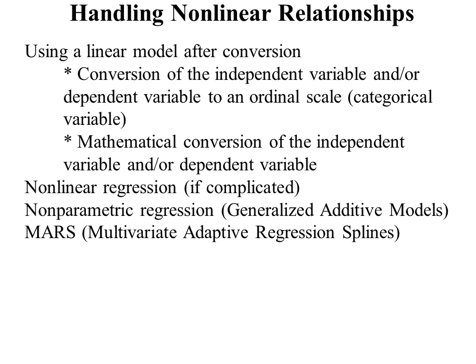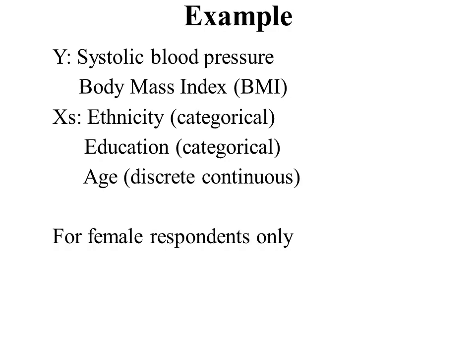Methods based on multidimensional smoothing, and methods that allow changes in parameter values, may also be used. Let's study variable conversions with examples, which include regression of systolic blood pressure and regression of BMI. The independent variables are race, ethnicity, education, and age. The dataset included only female respondents.